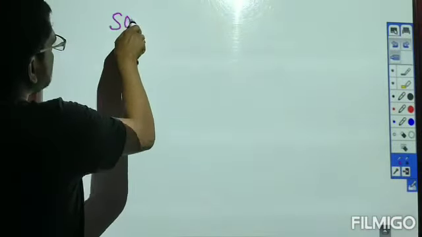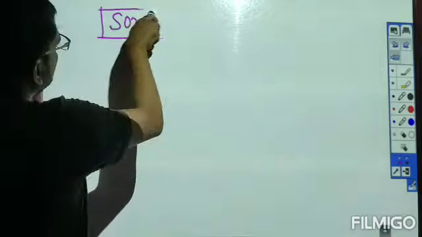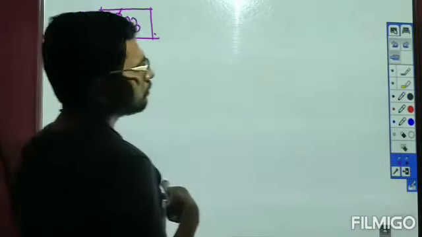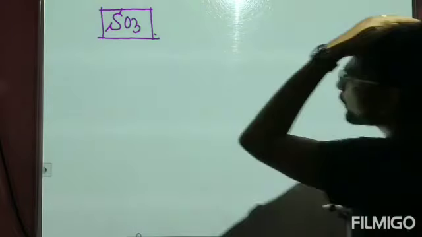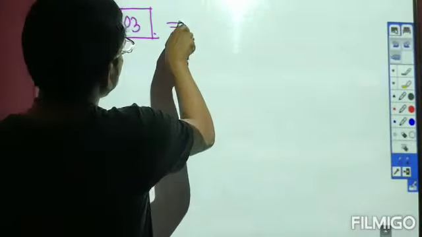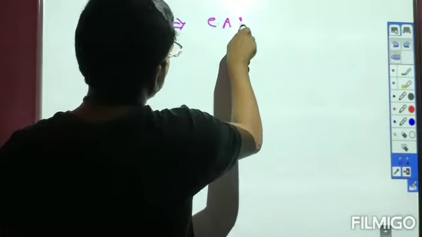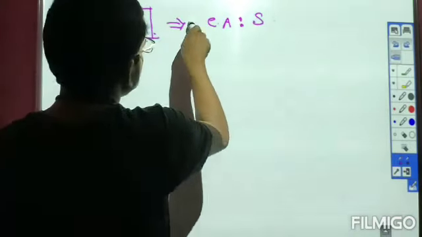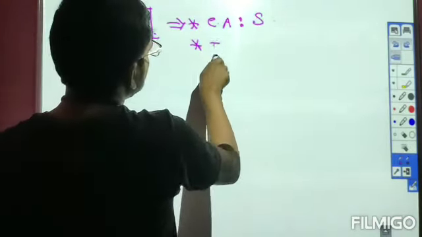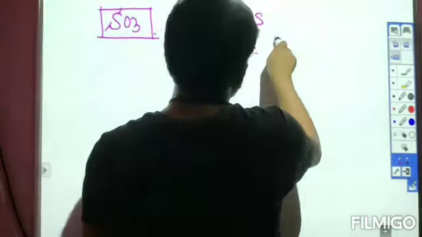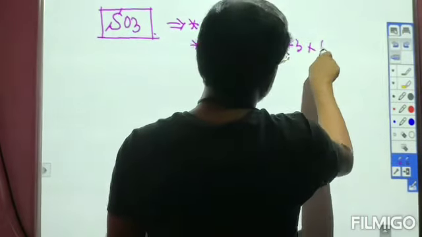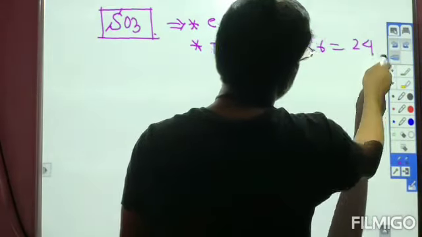Now how about sulfur trioxide? Let me draw sulfur trioxide, SO3. What is the SO3 structure? Okay, central atom is sulfur. Total valence electrons: 6 plus 3 multiplied by 6, that will give you 24.